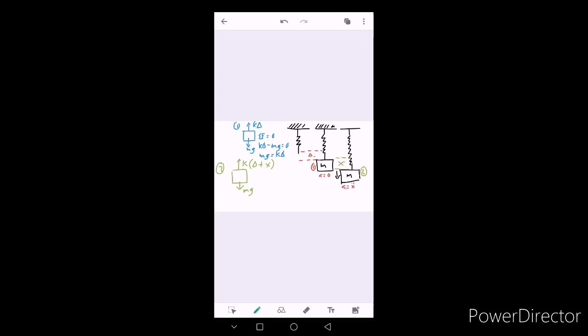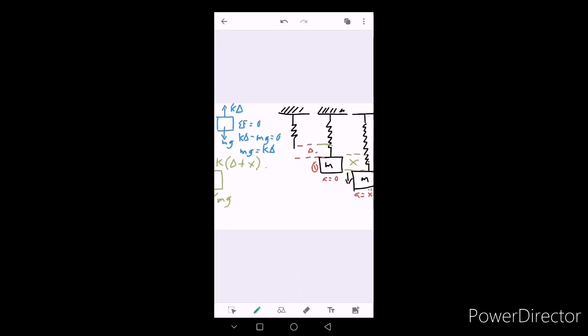This is the summation of the elongation from the equilibrium down to its second position. So this is delta plus x. I hope it makes sense. Delta plus x.